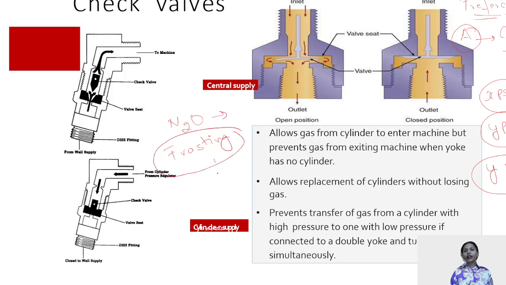When I told you about the nitrous oxide cylinder, I very clearly told you it's a liquid which gets converted into vapors, and we have a vapor pressure generated above that liquid. When some liquid is getting converted to gas, there is a latent heat of vaporization being used.